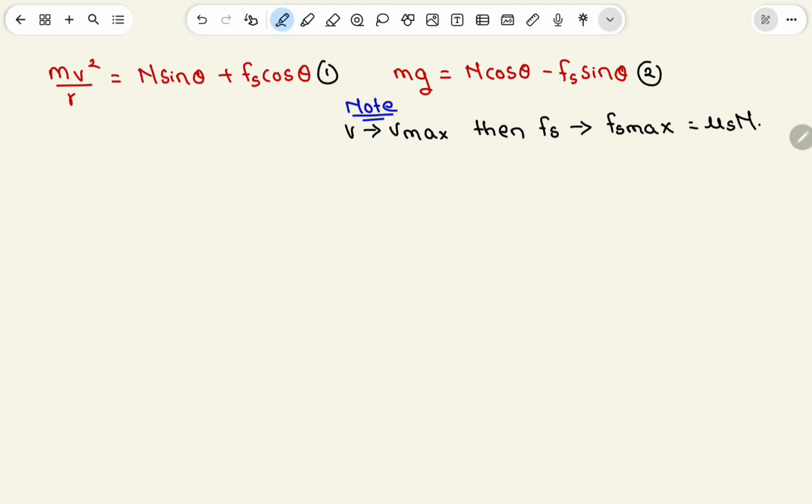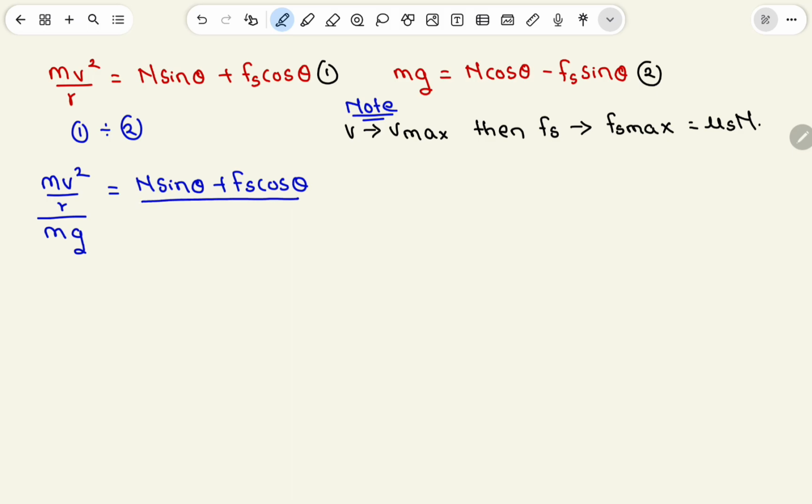Okay, so at the top we have the two equations which we have to solve to reach the result. So first what we will do is divide equation 1 by 2. So mv square by r upon mg is equal to N sine theta plus Fs cos theta upon N cos theta minus Fs sin theta.